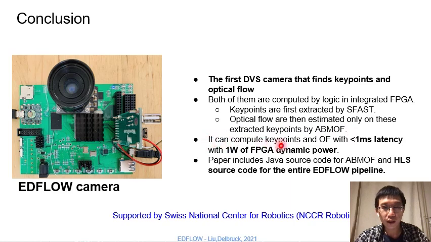It can compute key points and optic flow with less than 1 millisecond latency and 1 watt of FPGA dynamic power. The paper includes Java source code for ABMOF and high-level synthesis source code for the entire Edflow pipeline.